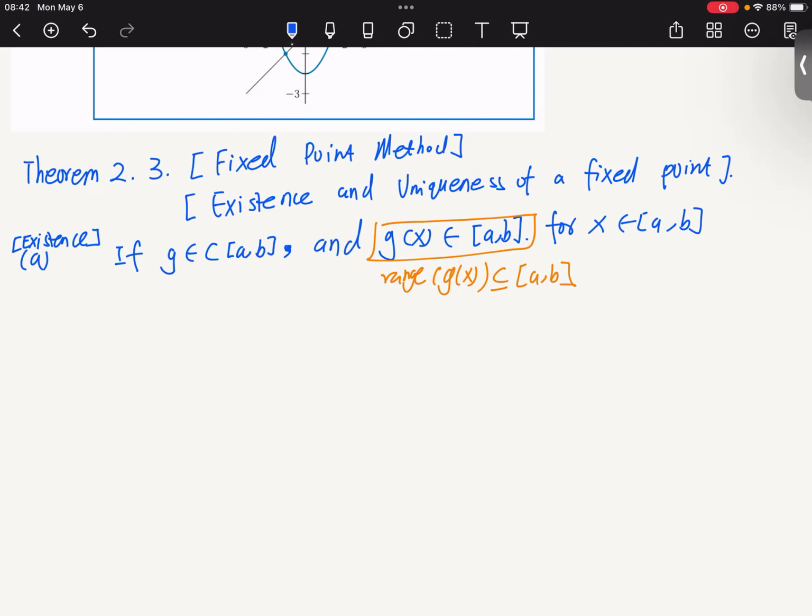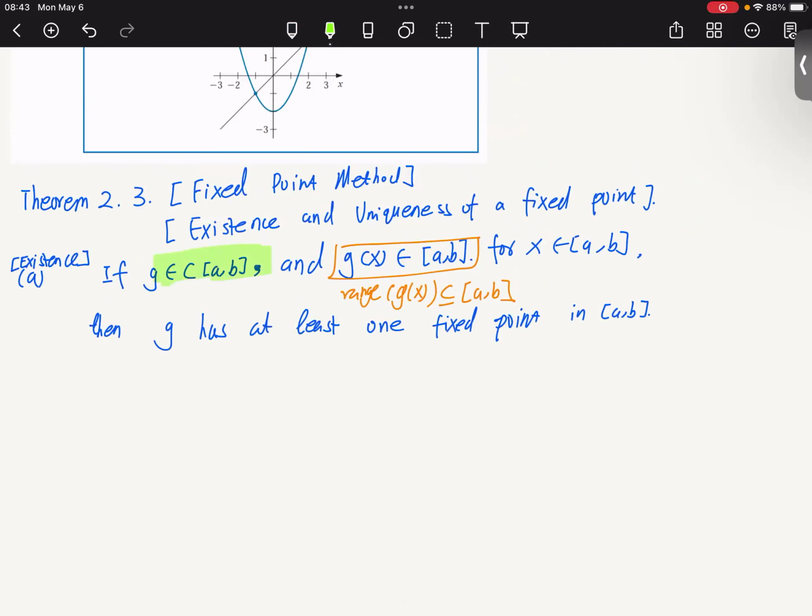And now, if the g function satisfies these two criteria, then we get the existence conclusion: g has at least one fixed point in the interval [a, b]. As you can see here, we have two requirements for g. First, it needs to be continuous.